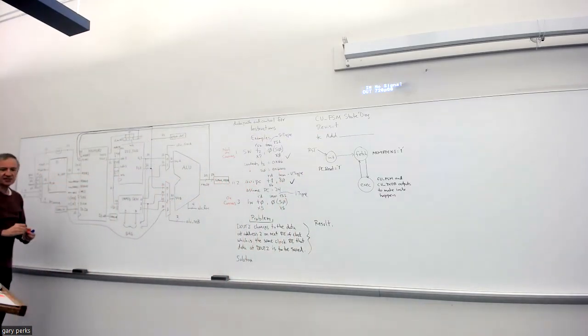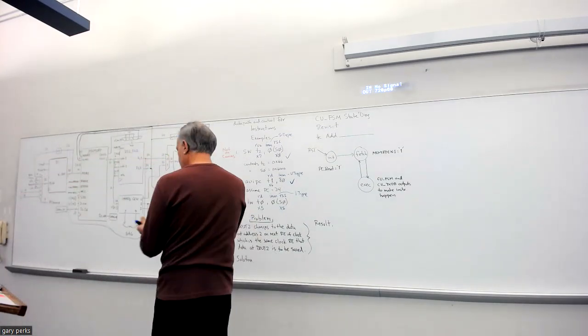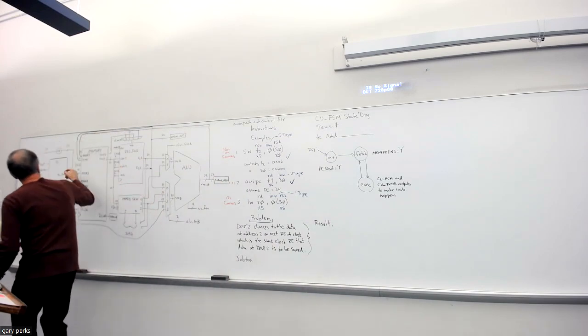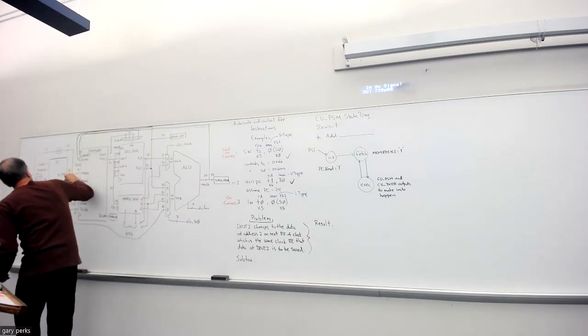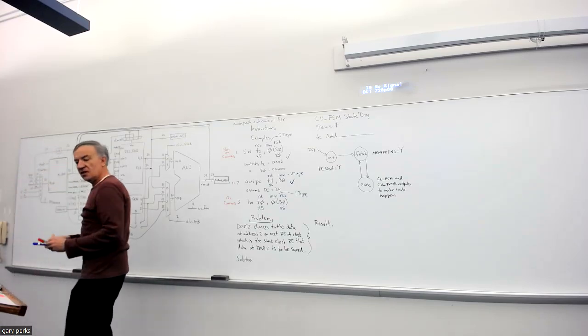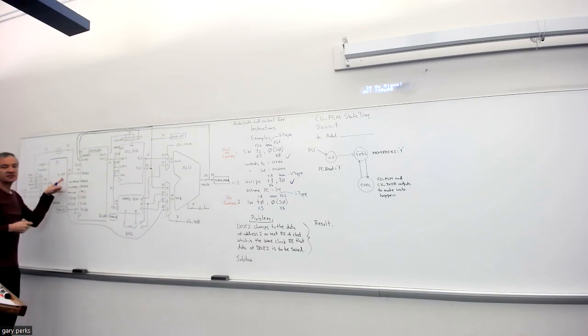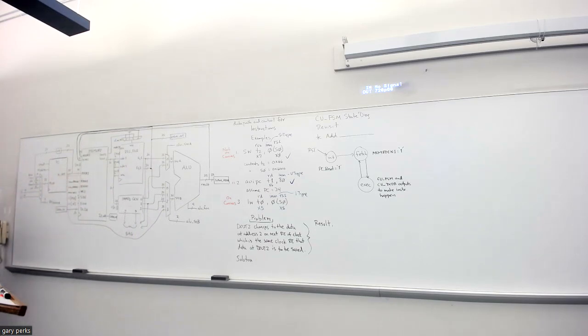Oh, I accidentally erased this line. Sorry about that. Okay, so we're going to start at the output of the program counter, just like we've done before. That's where the address of our instruction is at.